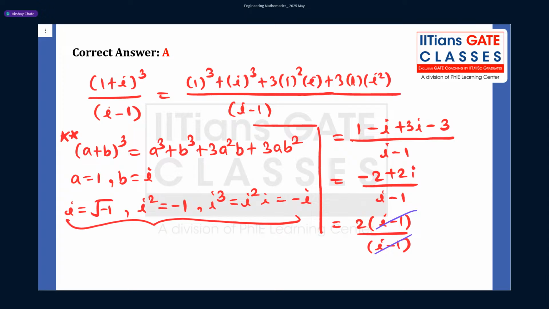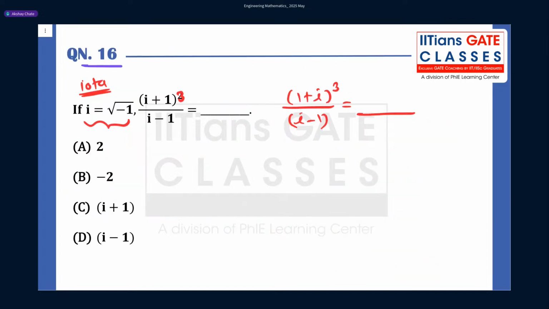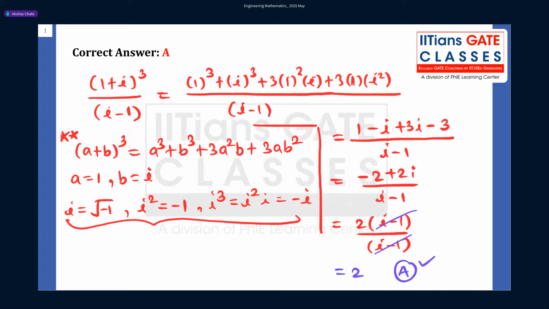Finally, you end up with the answer, which is equal to 2. So this is, I think, option A. Let me just check. Yes. So this is just a simplification of the numerator, and then some terms from the numerator and denominator get cancelled. So this was also a straightforward question from complex variables.